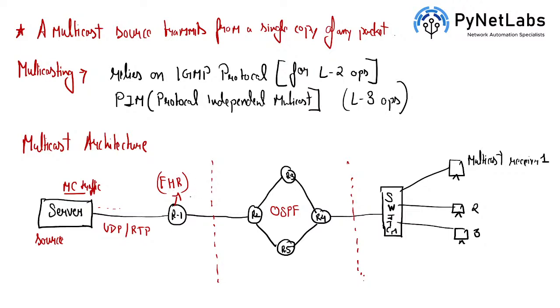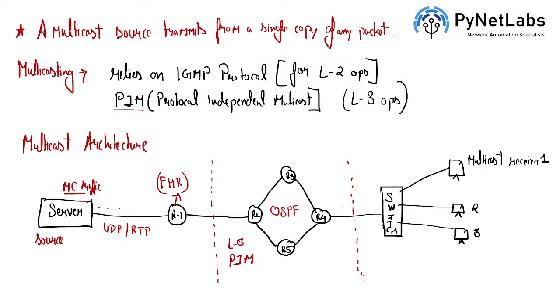Then, when it comes to the Layer 3 domain, where we have done some routing, like I already told you, PIM is always used in Layer 3 operations. So PIM will be there, helping routers forward the multicast traffic. We can write L3 PIM. All these routers are able to get the information that a multicast address is being used here.